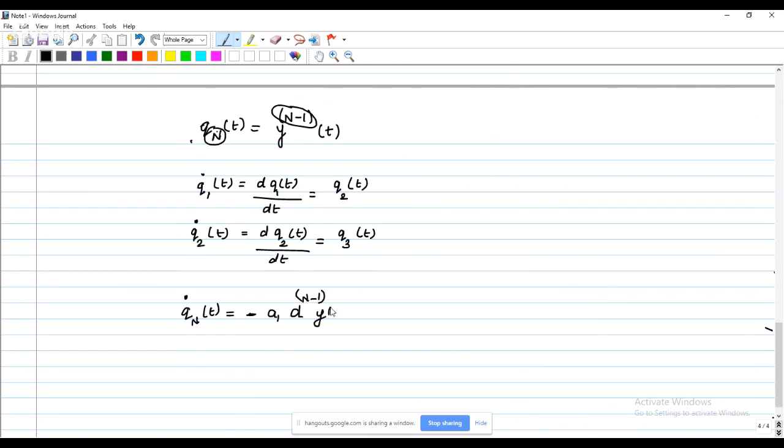N minus 1 dy of t upon dt raised to n minus 1 minus a2 d n minus 2 y of t upon dt n minus 2 minus so on minus an. No, we are taking y of t also on the other side.